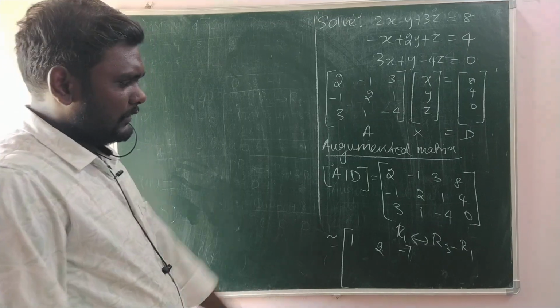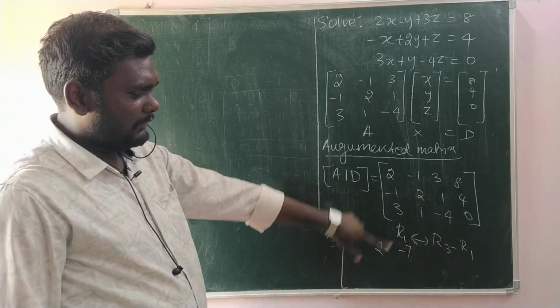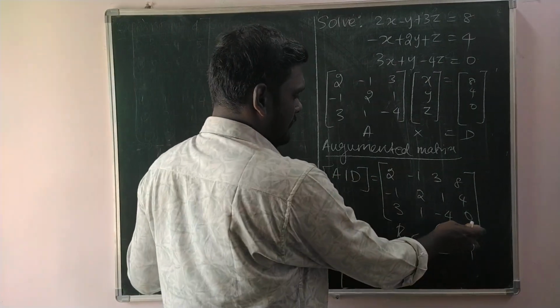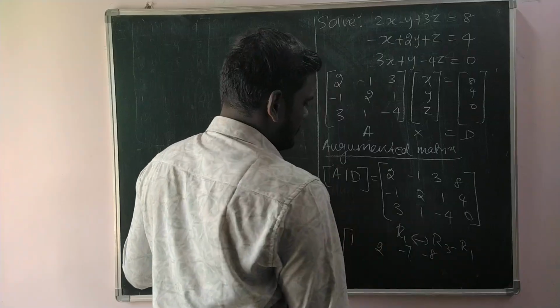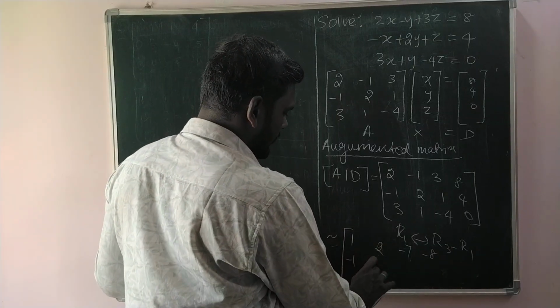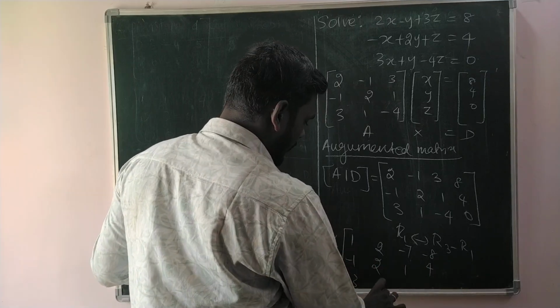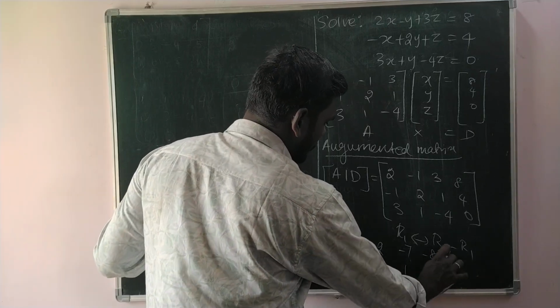This is direct subtraction, right? 3 minus 2 is 1, 1 minus minus 1 is 2, minus 4 minus 3 is minus 7, 0 minus 8 is minus 8. Then second row as it is: minus 1, 2, 1, 4, and 3, 1, minus 4, 0.